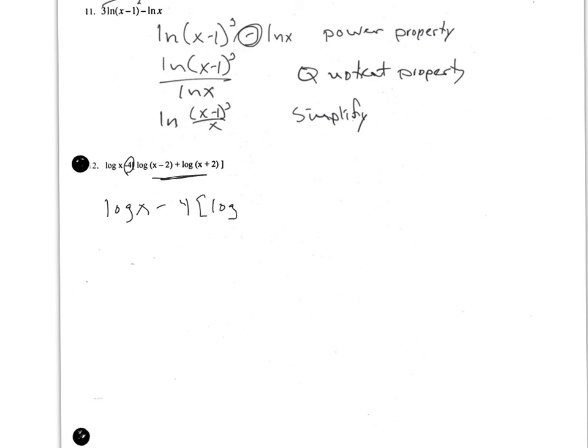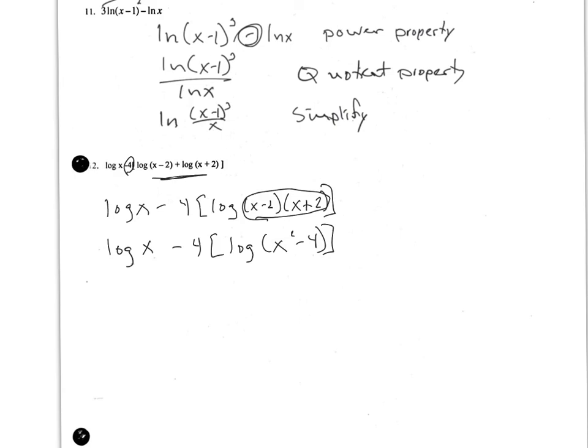Let's rewrite this as 1 log. X minus 2, because we're adding, it turns into multiplying, x plus 2. I use the brackets because of the parentheses. Now we can actually do this. This doesn't have anything to do with logarithms. It's just algebra. The log of x minus 4 times the log of x squared minus 4.